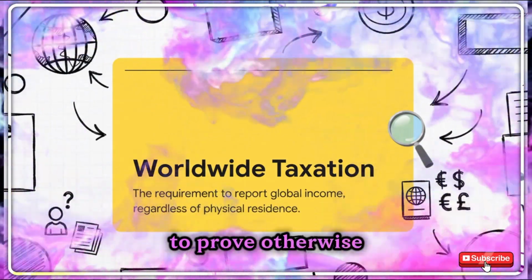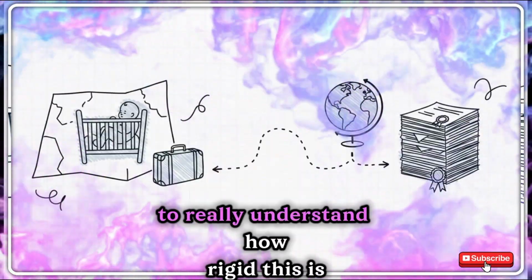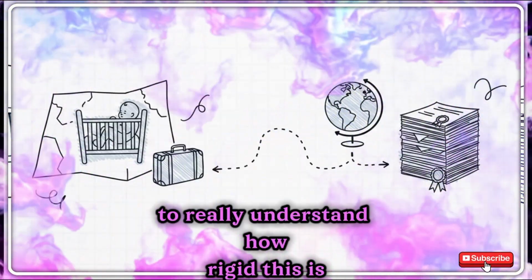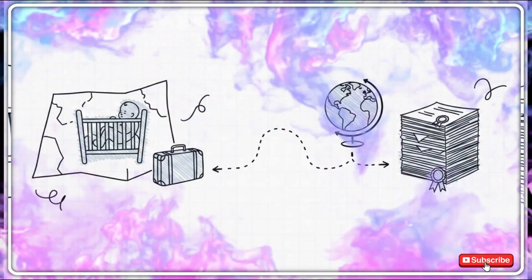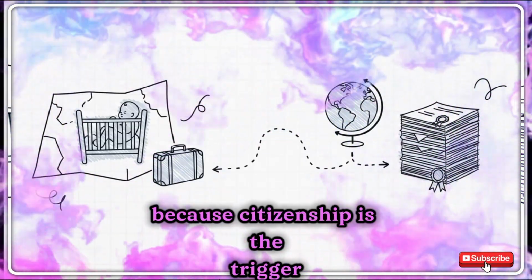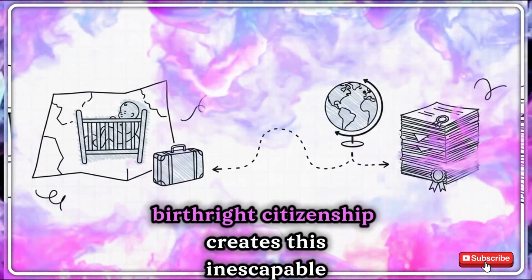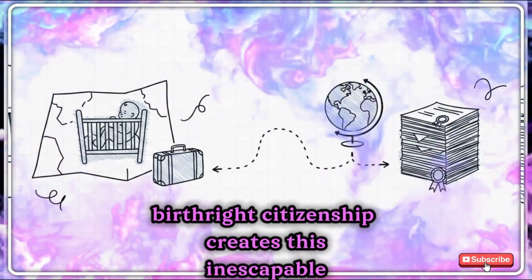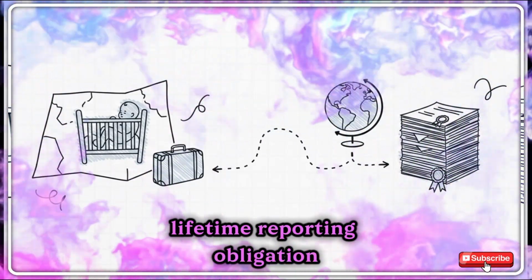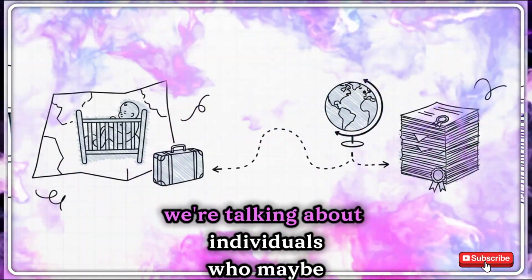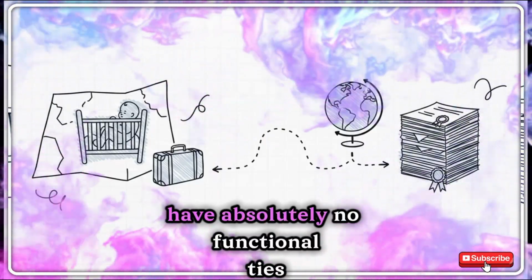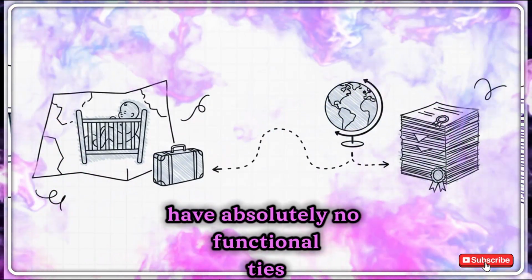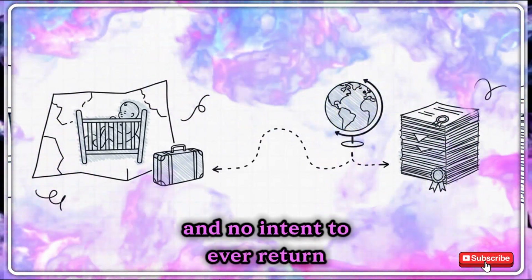To really understand how rigid this is, look at the concept of accidental Americans. Because citizenship is the trigger, birthright citizenship creates this inescapable lifetime reporting obligation. We're talking about individuals who maybe left the country as infants, have absolutely no functional ties, and no intent to ever return.